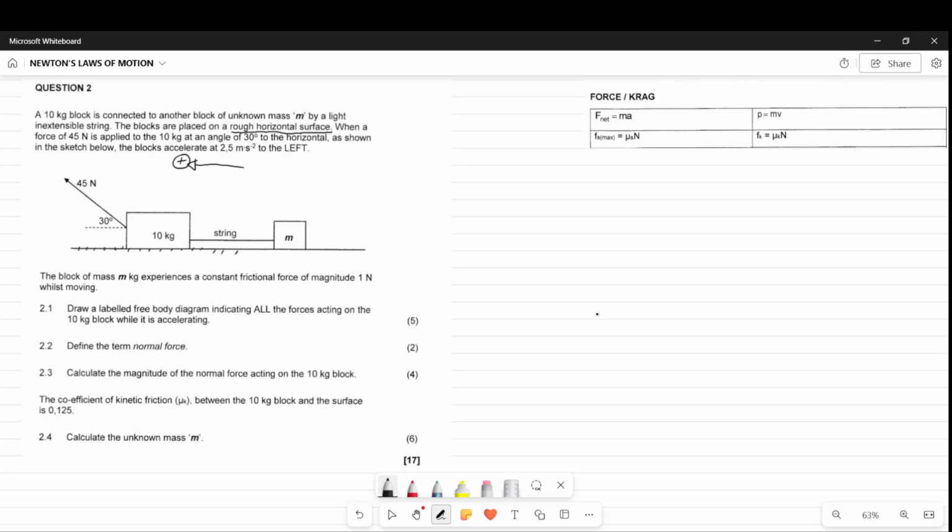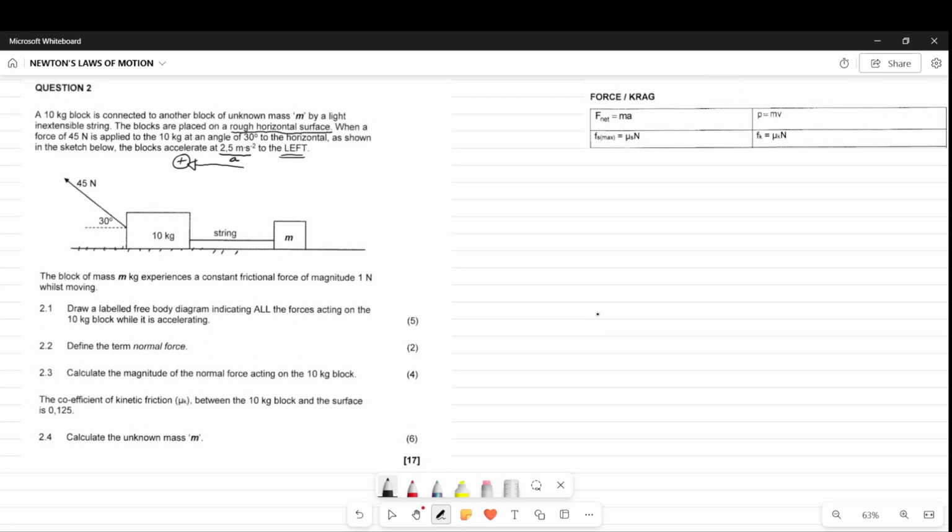So every force going to the left is positive, because they told us the entire system is moving to the left. The blocks accelerate at 2.5 meters per second squared. This is the acceleration, your a. The acceleration of the 10 kg block is the same as the acceleration of m, so m is also moving at 2.5 meters per second squared.